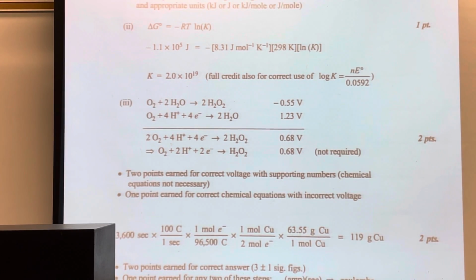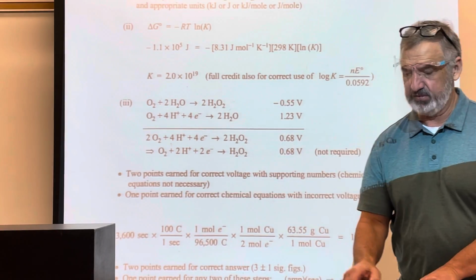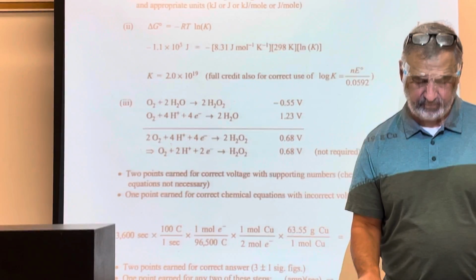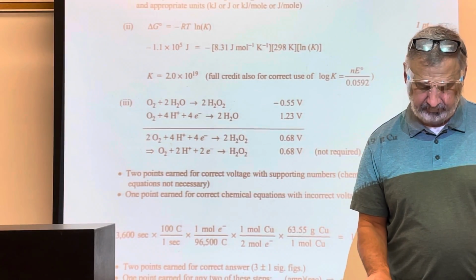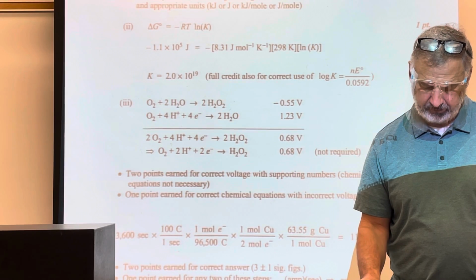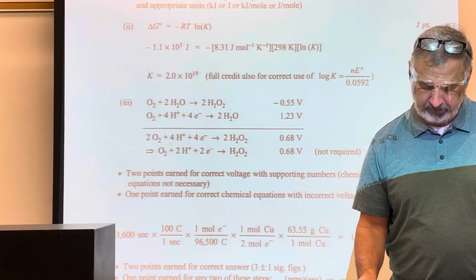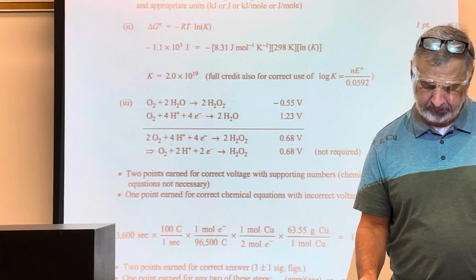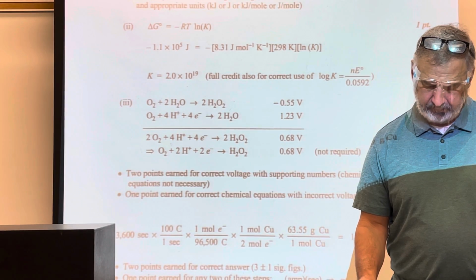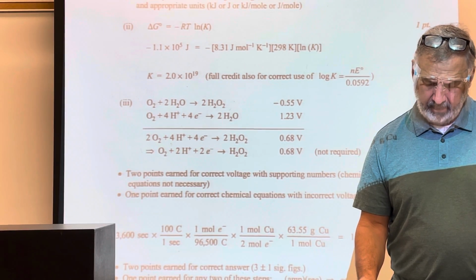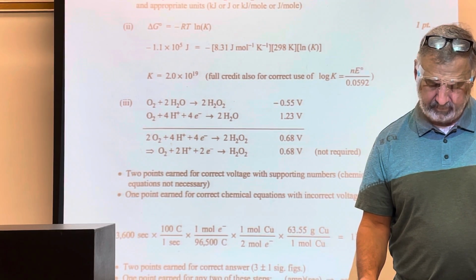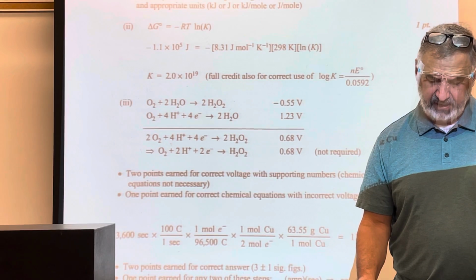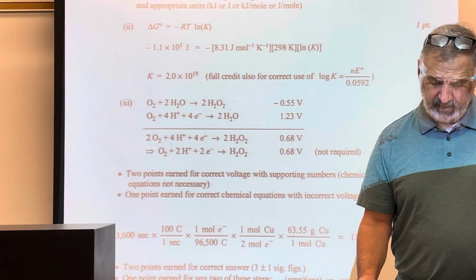Does anybody have this question pulled up? I don't have it printed out. Actually, I do. This again is a hydrogen fuel cell.